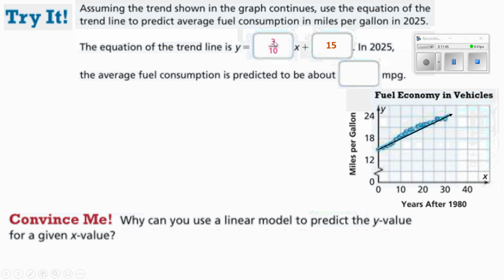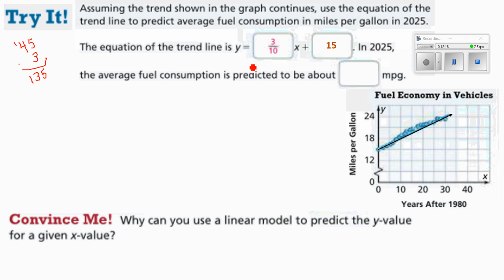When I do that, I'm going to get, let's see, 45 times 3. That's going to give us 135.